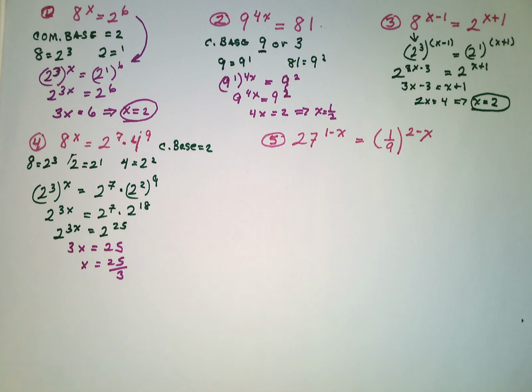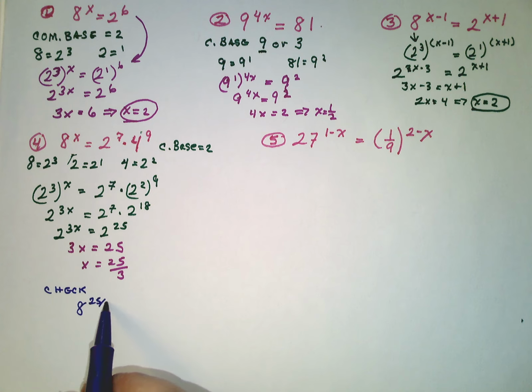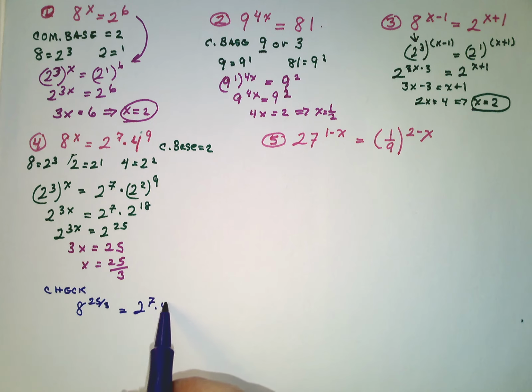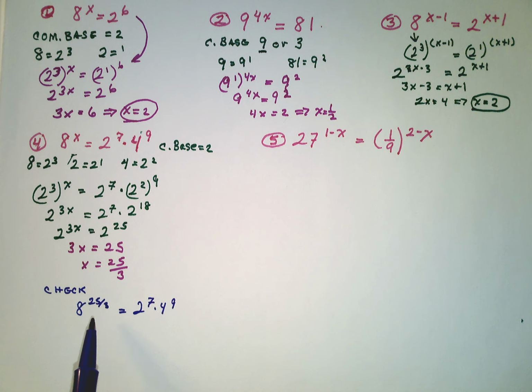If we check it, that means 8 to the 25 thirds has to equal 2 to the seventh times 4 to the ninth. Okay.